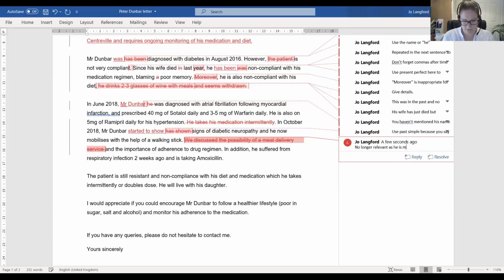He's moving to live with his daughter. Okay, great. We could maybe add that a little bit later, so we could add it here.